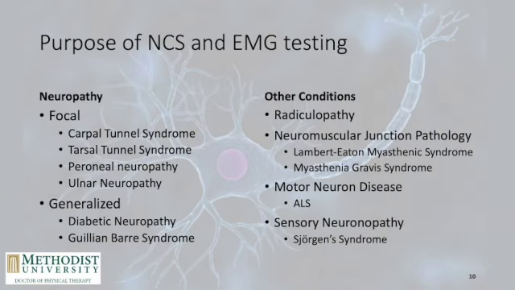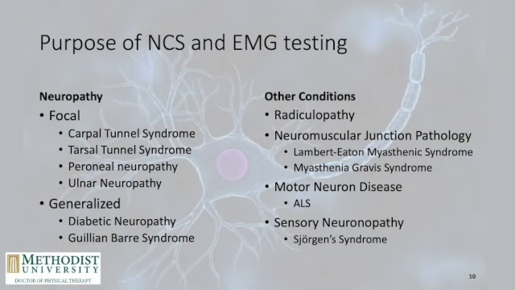So here's why we need to do nerve conduction and EMG testing. We want to look at neuropathy. Now that can be something very localized like carpal tunnel, tarsal tunnel. Sometimes somebody can have a fibular neuropathy. Sometimes someone can have an ulnar neuropathy. I've seen that several times in my career.